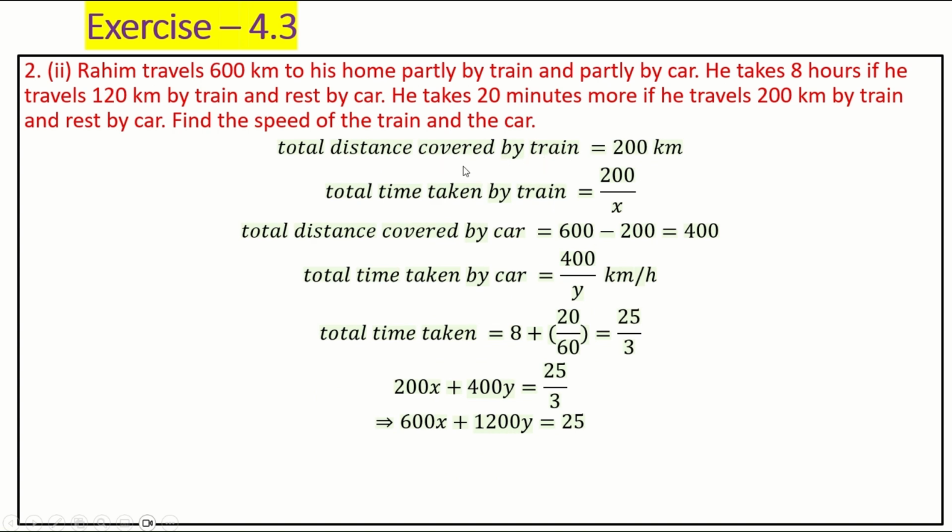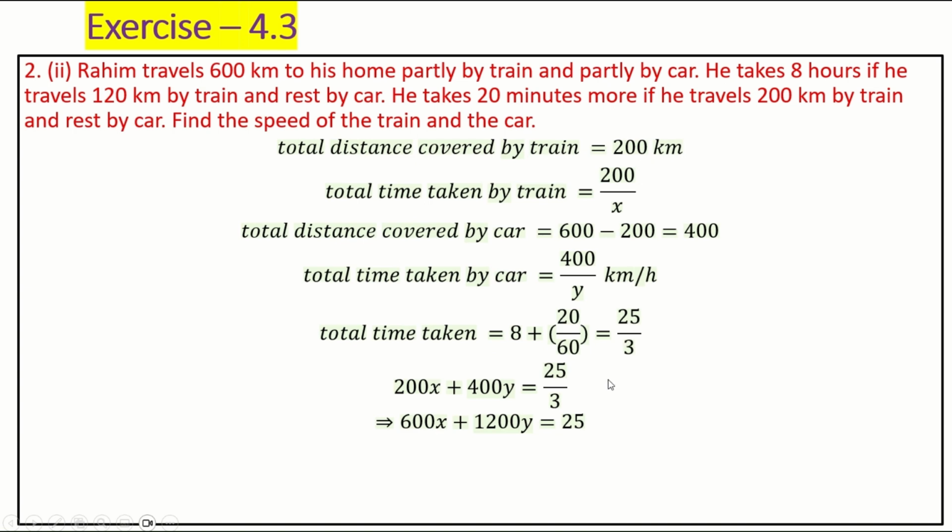Yeah. In second case, 200 kilometers by train. So 200 by x is the time taken, and 400 kilometers by car. So 400 by y, time taken by car. So total time is 8 plus 20 by 60, that is 20 minutes extra I said.